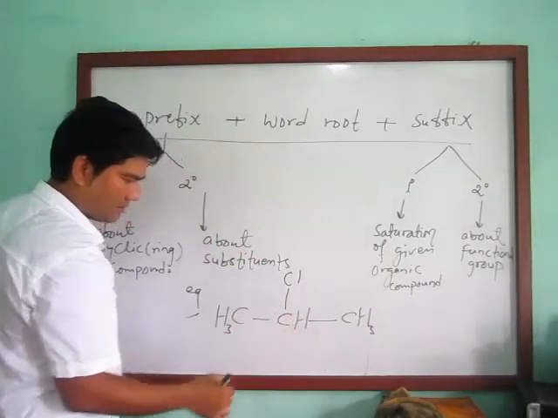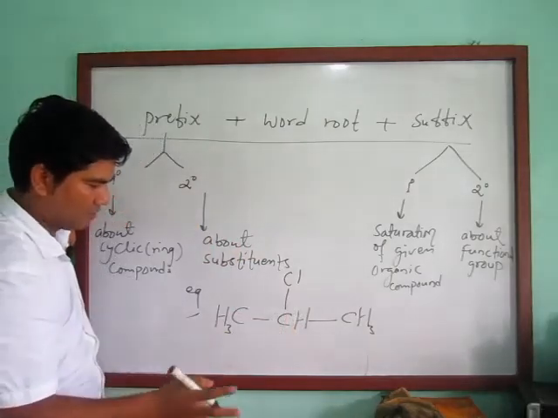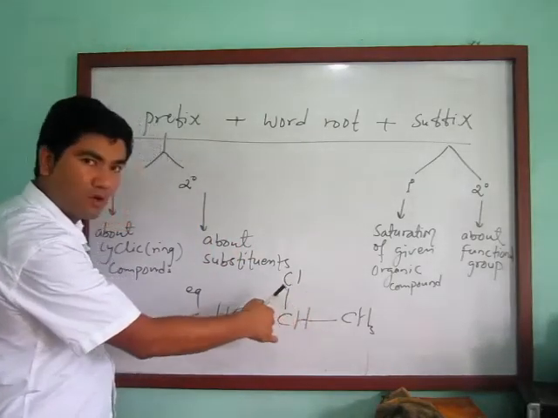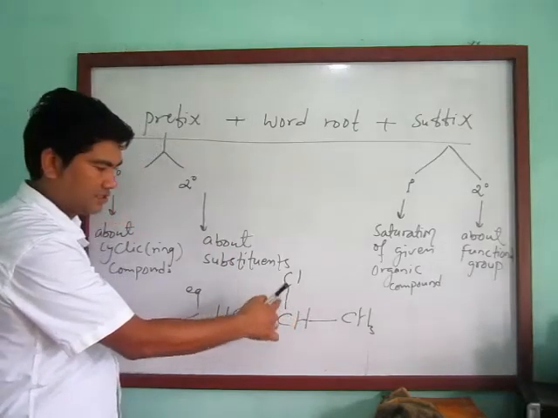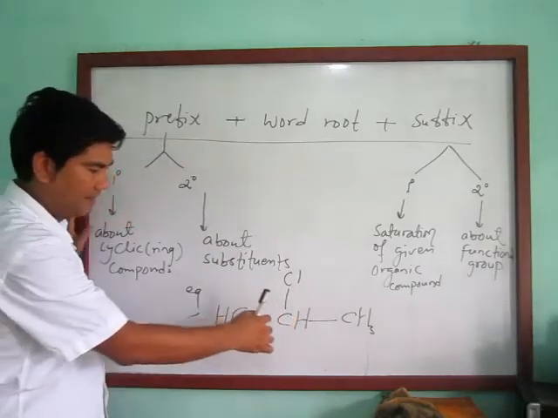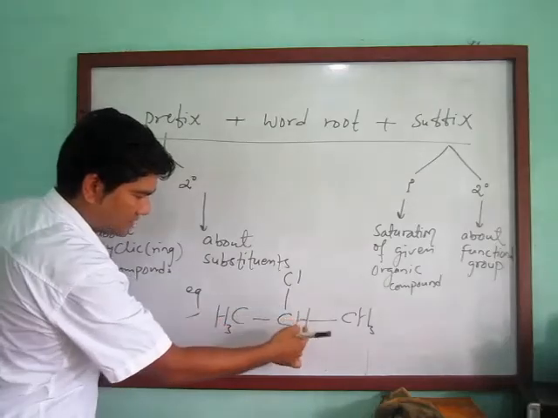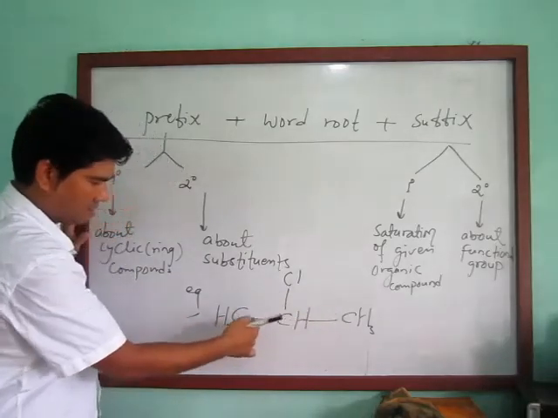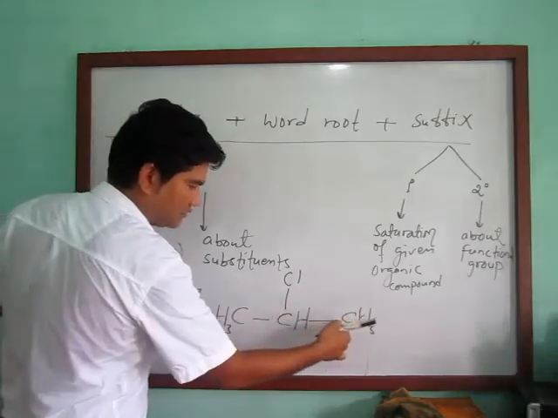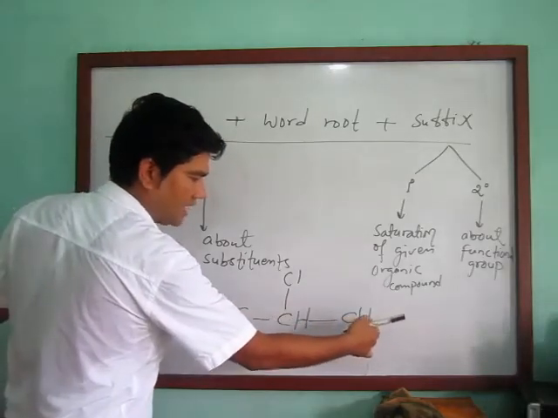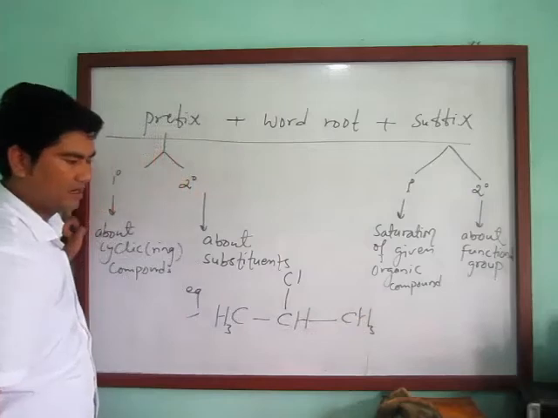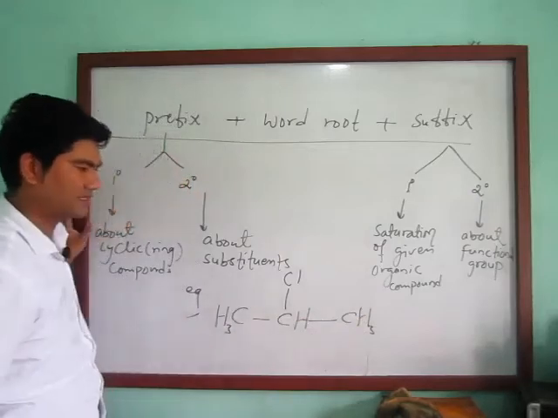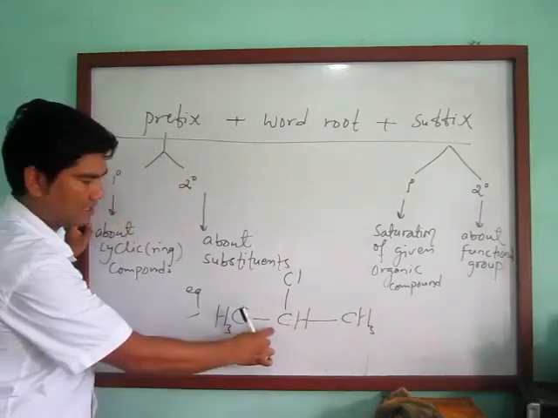Everybody, I think you all know about the bonds of carbon. Carbon can form four covalent bonds. It is a covalent element. So you can say here 1, 2, 3, 4 for this carbon atom. Similarly here, 1, and with hydrogen there are four bonds. So this is one example of an organic compound.